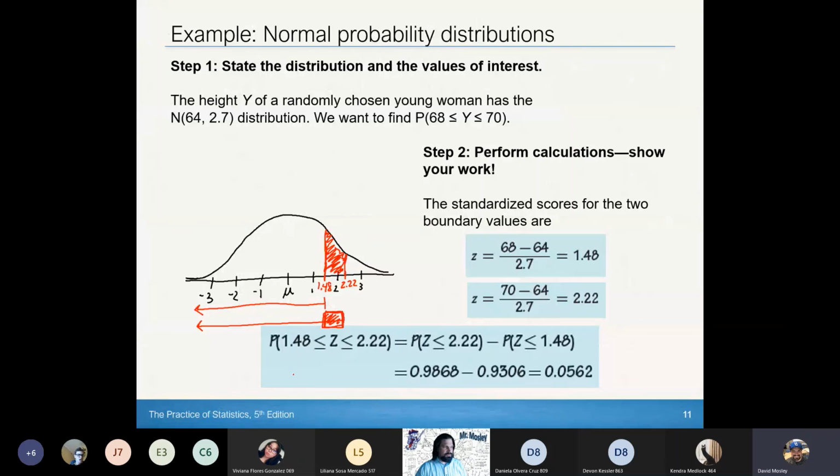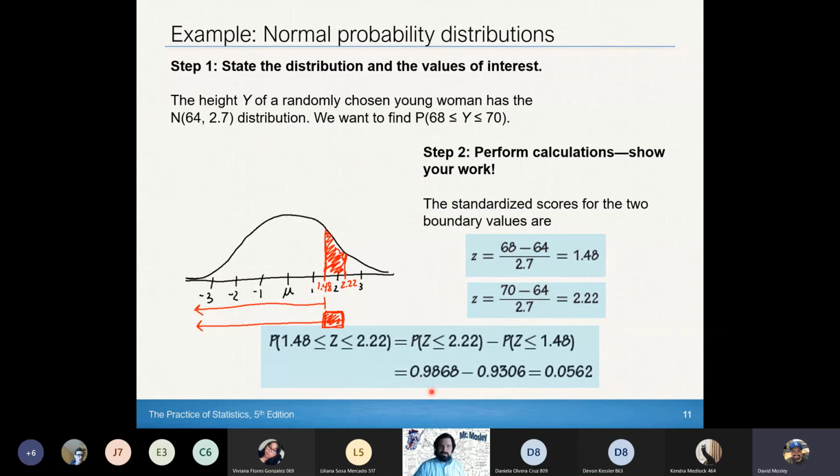Okay, so when we do this, the probability of z being greater than or equal to 1.48 and less than or equal to 2.22, our shaded area, is the same as the probability of z being less than or equal to 2.22, this whole thing, minus z being less than or equal to 1.48, that part.